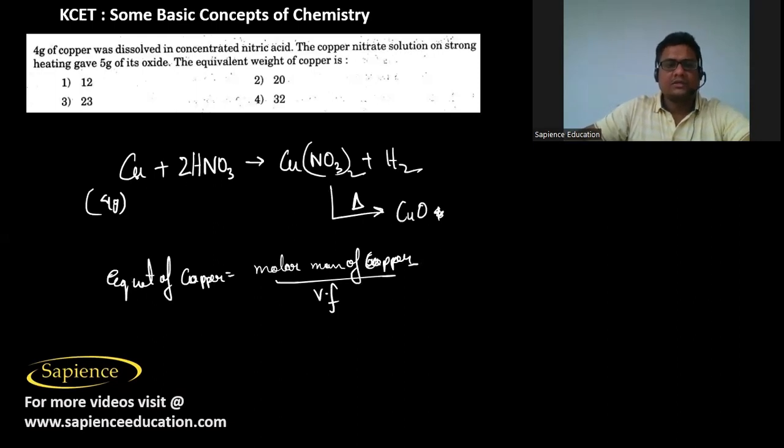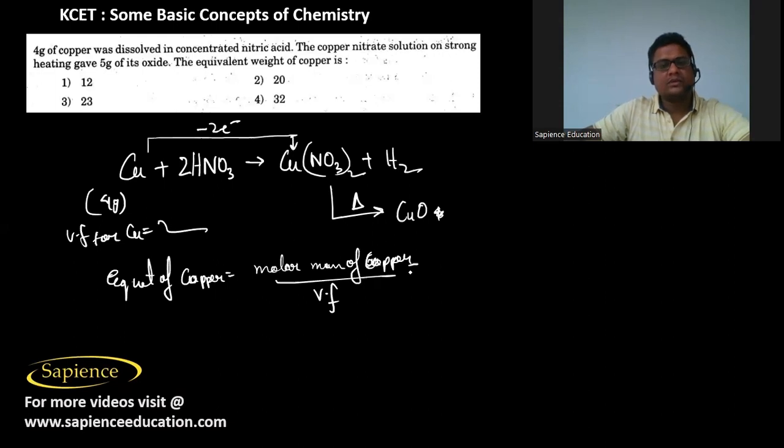Now here as we see that Cu is going to copper nitrate, so here it has to lose 2 electrons. It will lose 2 electrons. So therefore the valency factor for copper is 2.